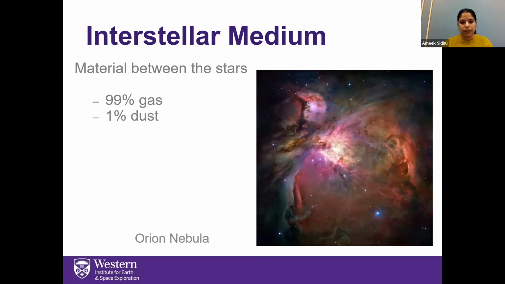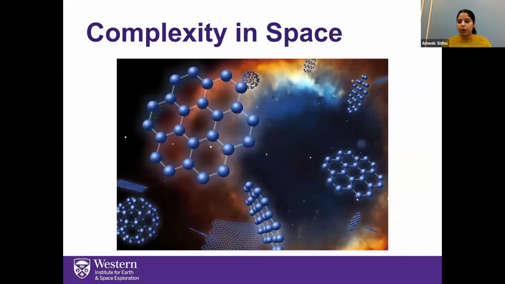These clouds are also important because they are breeding grounds for many complex molecules, such as amino acids, which are building blocks for our life. We think that they originated in space.